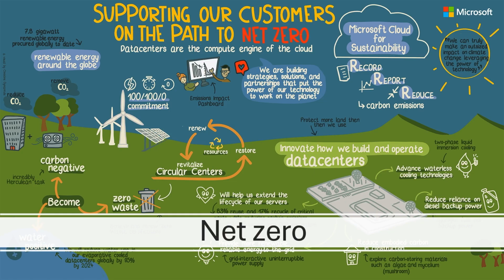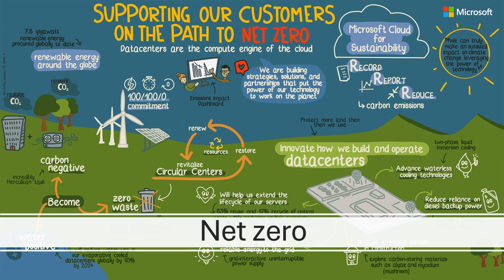So let's talk about net zero. Net zero refers to achieving a balance between the amount of greenhouse gas emissions produced by these data centers and the amount removed from the atmosphere. Somewhere these data centers are emitting gases, and somewhere we plant trees and do other things so that we are removing those kinds of gases from the atmosphere.